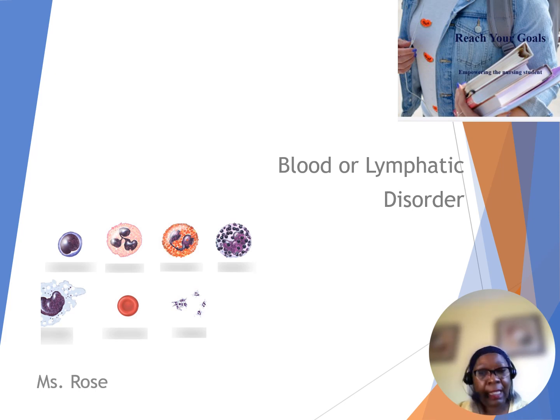So that was a whole lot. Now we understand the role of blood and lymph. When we start looking at some of these disorders, we can understand why they're having the signs and symptoms that they're having, right? Okay. All right, let's continue.